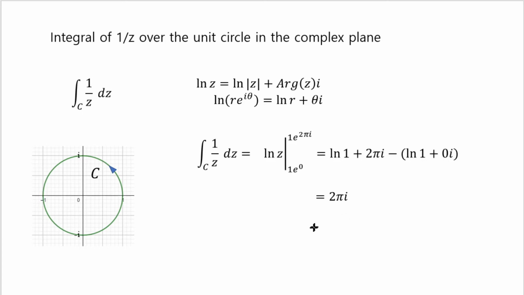Now, if you look at this, again, the fundamental theorem of calculus is our savior. You just need the beginning and end, and you don't have to do all that complicated path integral, and you get the same answer.